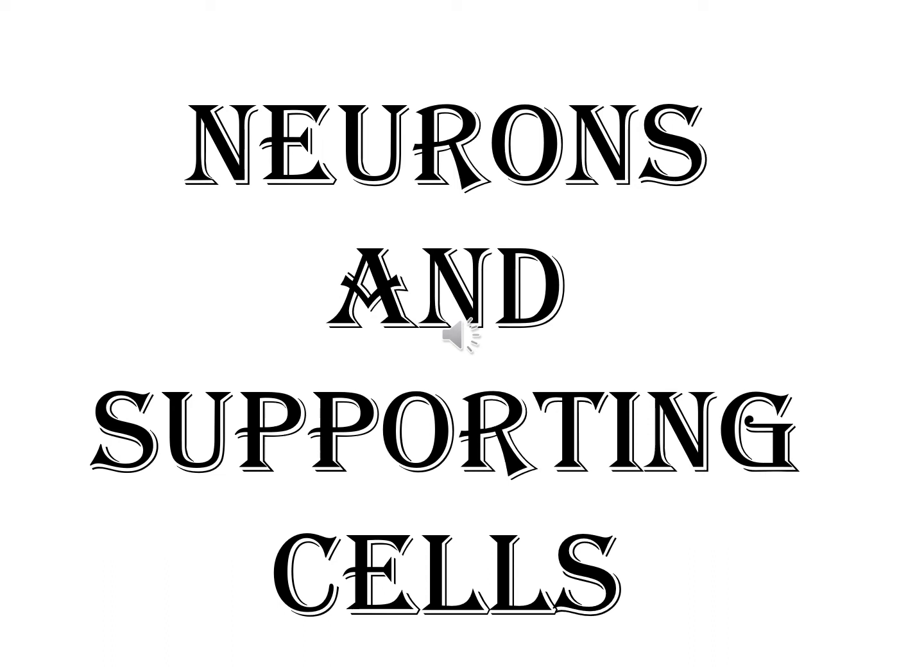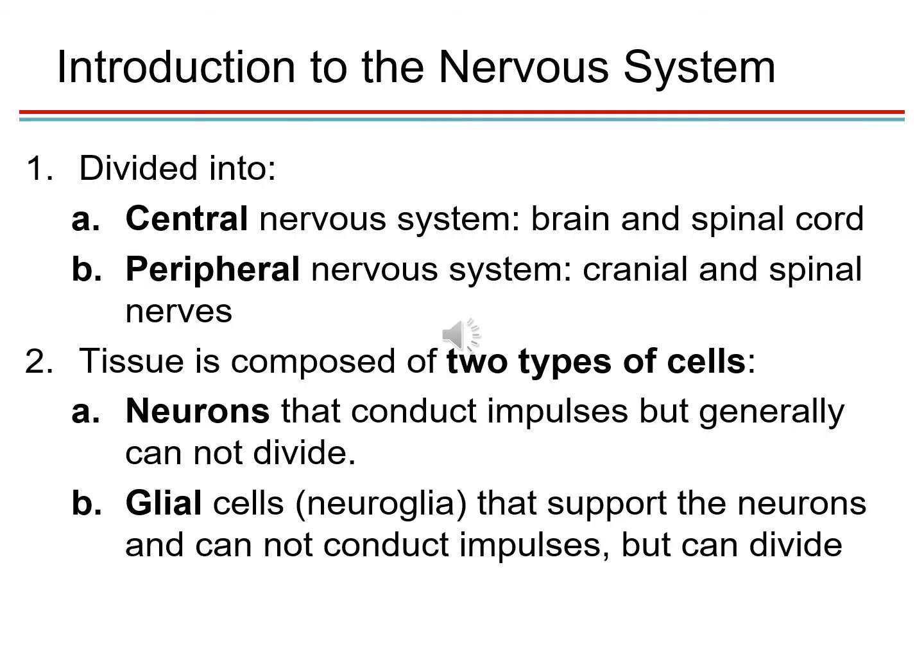Neurons and supporting cells are the type of cells found in the nervous system. Let's make a brief review of anatomy for the nervous system.